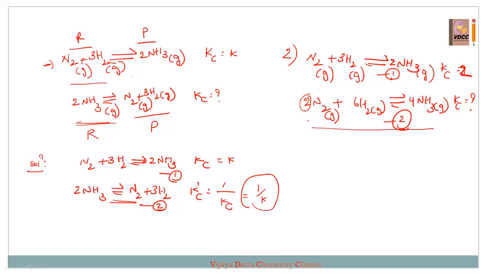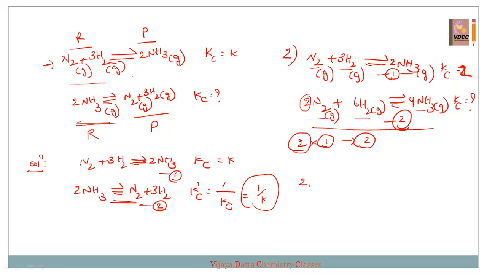What is that factor? Here 1 mole of N2, here 2 moles of N2; here 3 moles of H2, but here 6 moles of H2; here 2 moles of NH3, here 4 moles of NH3. So simply they are multiplying the first reaction with 2, then you get the second reaction. So this is the factor.